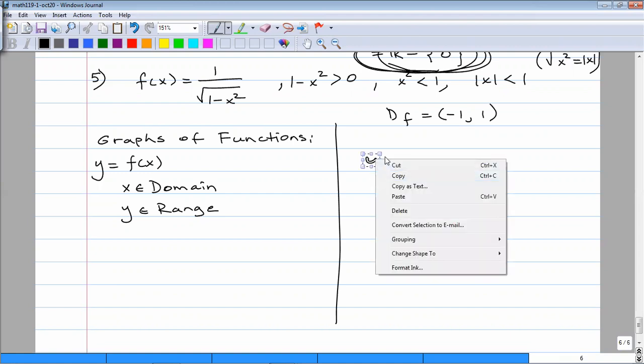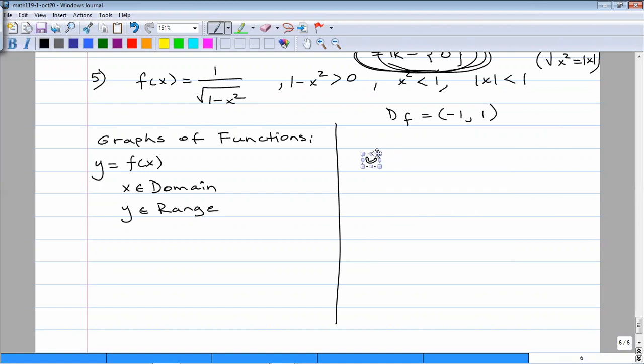Example, the function y equals x squared. This is your function, f of x. The domain, all real numbers, but the range, only positive numbers. You can put in any number for x, but the resulting number is always going to be a positive number.